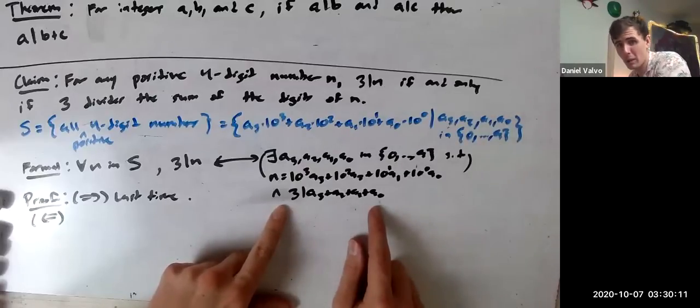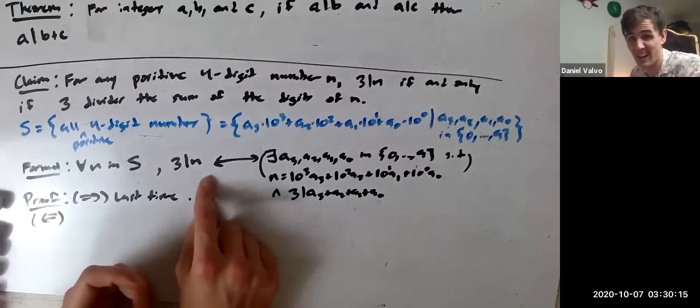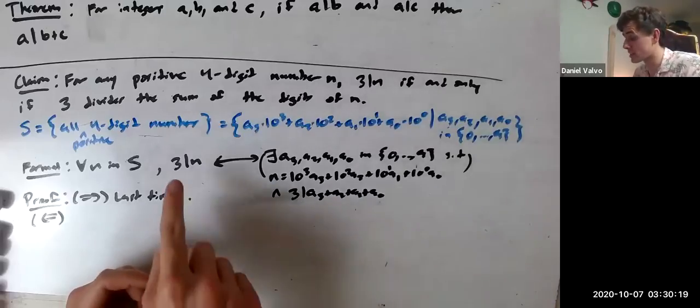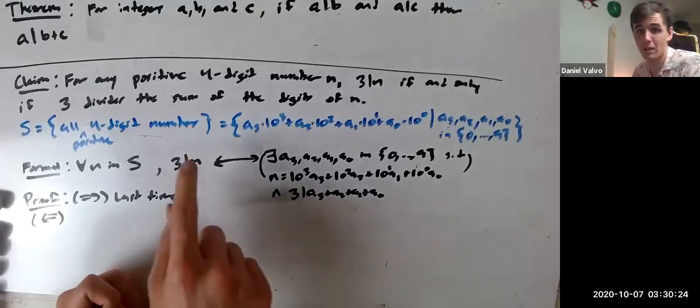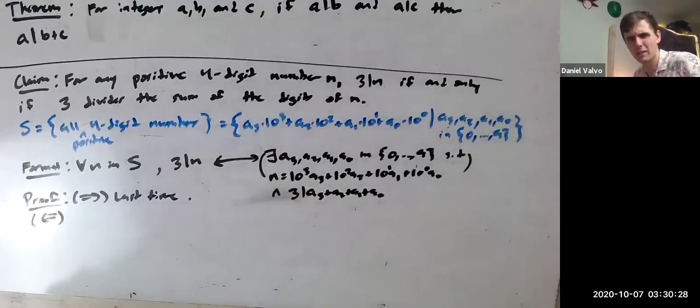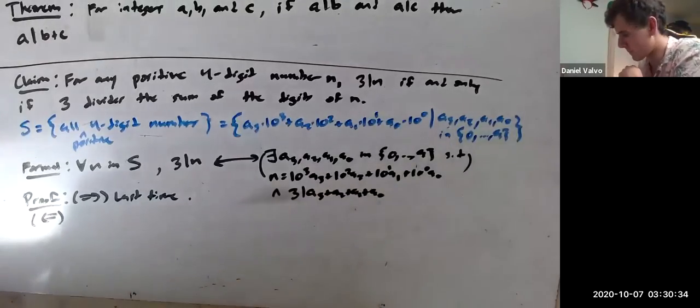But nowhere in that proof do we really find out that if 3 divides the sum of the digits, 3 must divide n. So now I want to go this way, so that not only if 3 divides n, 3 divides the sum of the digits, but also if 3 ever divides the sum of the digits, 3 will divide n. Does that kind of make sense, that distinction? Cool. That shows that these two things are equivalent, basically. They happen at the same times.